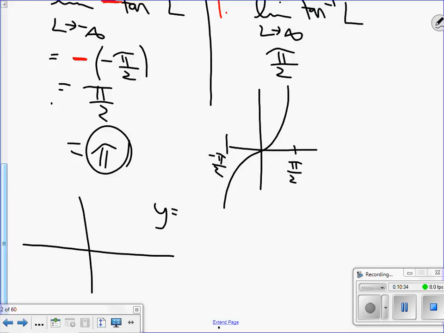When x is 0, y is 1, right? And as x gets larger and larger, what's happening to the y value? It gets smaller, but is it ever going to be negative? No, it approaches zero. And on the other side, same thing.